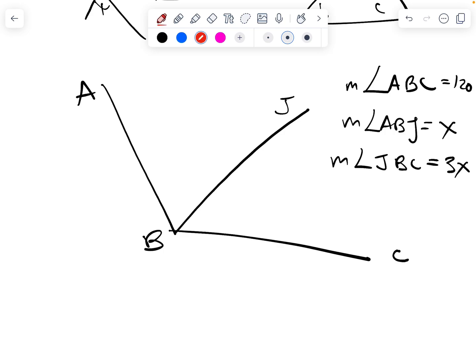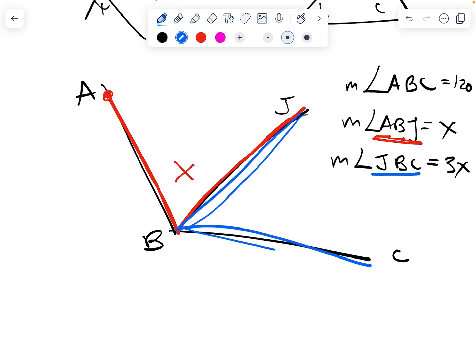So let's figure out what this means. ABJ, let's trace that out. As we say the letters, ABJ is the red angle, the one that fits in here. This is x. Now let's trace this one out, JBC. So we start with J, we go to B and C, JBC. And JBC traces this angle out, which is 3x.